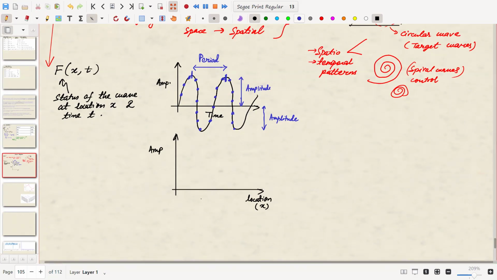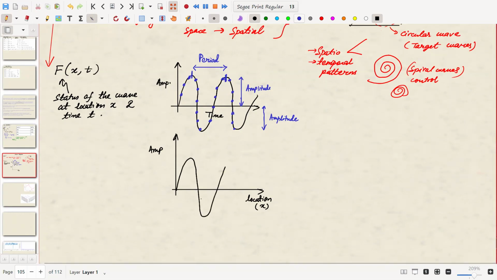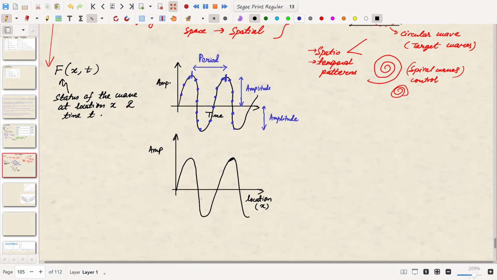Okay, this is the amplitude, and we draw a similar kind of plot. Now, can you tell me what is this guy? If you draw this amplitude versus location plot, it will be something like what she said.